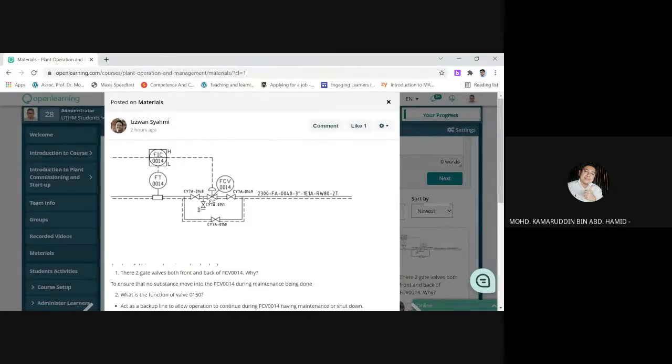Okay, we look at this first. Flow control 0014. This is normally the arrangement of the instrumentation related to the flow control. Normally it is something like this.